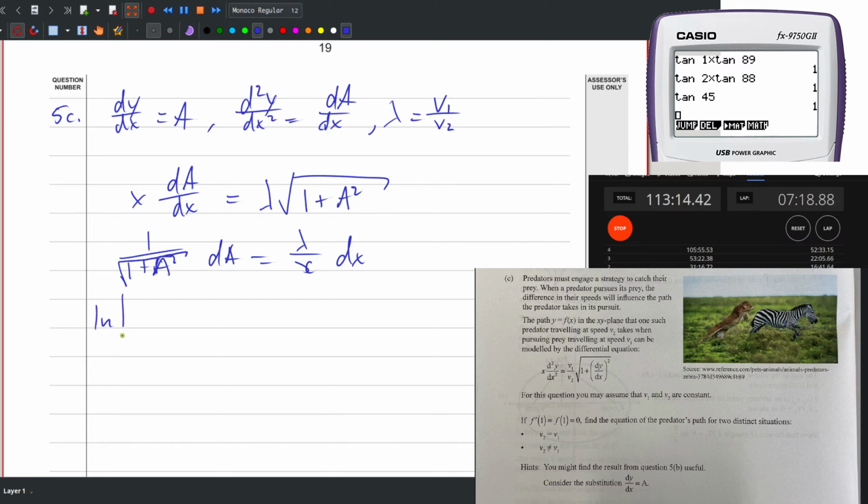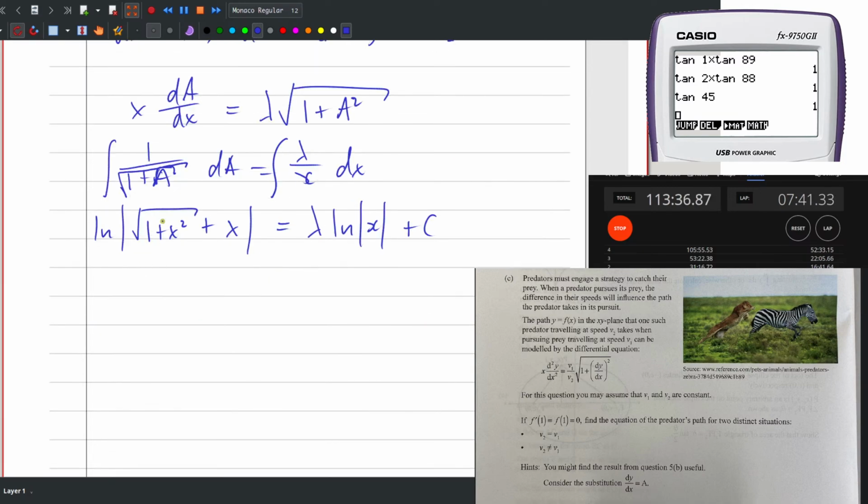Use the thing. Natural log of 1 plus x squared. You integrate both sides, plus x. And then you take e to the power of both sides, yeah, and then oh wait, no, this is a, right?